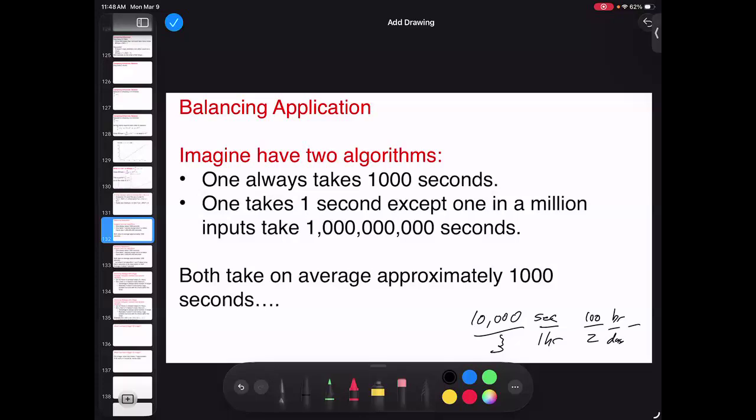How many days in a year? Call it 1,000 over 3 days per year. So that would be 10 to the 9th over 9 over 18. So that's about 10 to the 7.